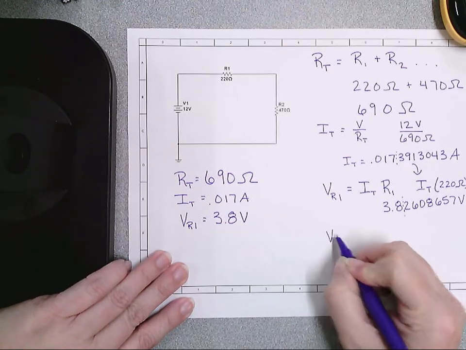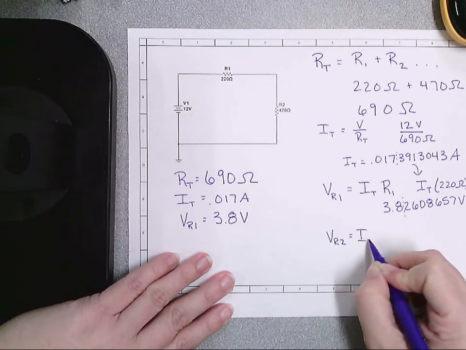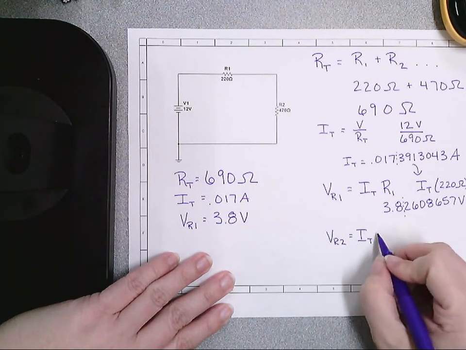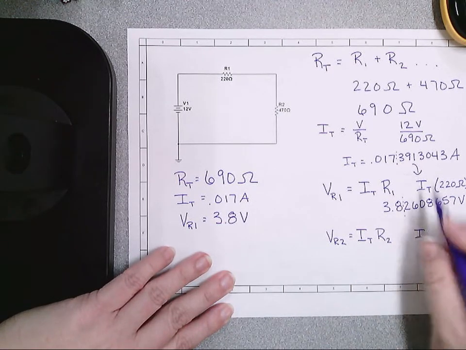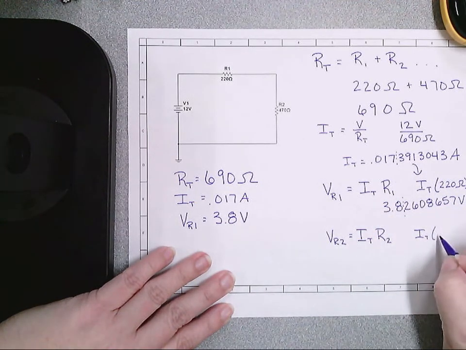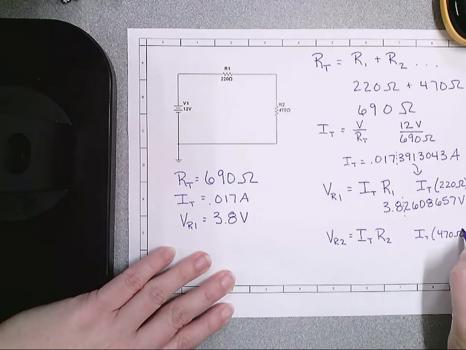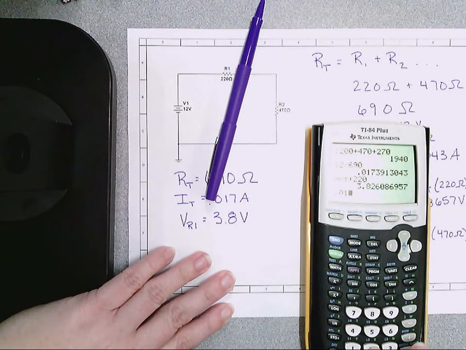Next, we want to find the voltage at resistor 2. And that, of course, again, is going to be your total current times resistor 2. So I'm going to write IT over here again, knowing that it's this number up here, and put 470 ohms. All right, so down here, you want to make sure that you have the full number, because if you use a rounded number, you may not get the right answer.